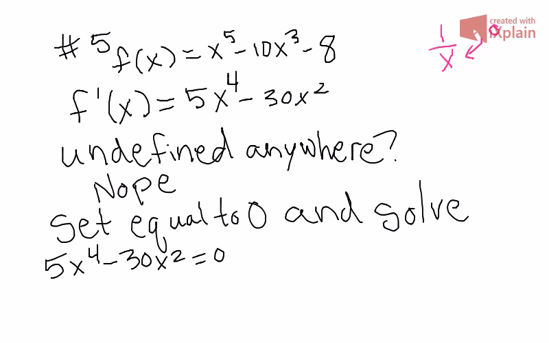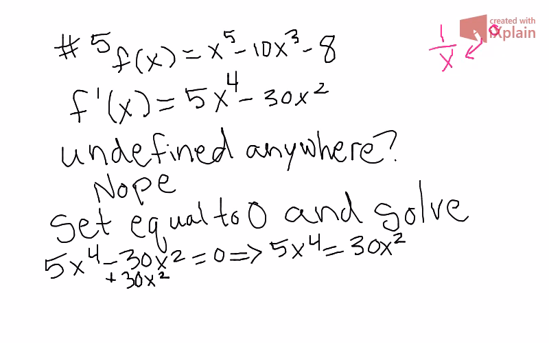Okay? So if you set it equal to 0, you find where the slope is 0. And remember, where the slope is 0 is the critical points, like I said before in the first problem. So you set it equal to 0 and solve for x.